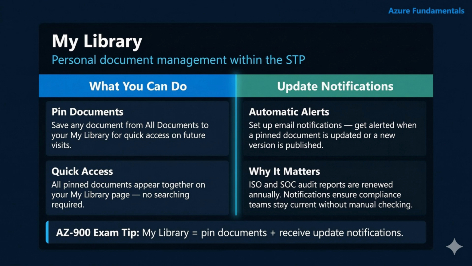With My Library notifications, you will be told automatically when an updated version of a report you rely on has been published. For the exam, the key facts about My Library are: it is used to save and pin documents, and it supports update notifications. That combination of personal curation and automated alerting is what makes it a genuinely useful productivity feature for compliance teams.